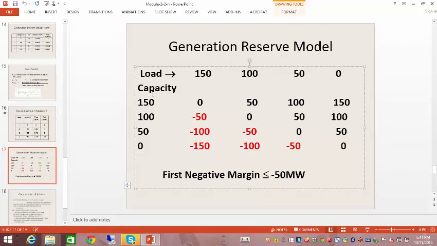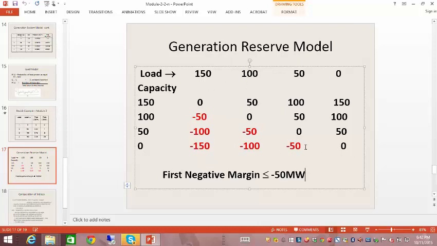For example, in this case, if the capacities are 150, 100, 50, and 0, and the loads are this one, then the margins over here will be capacity minus load, capacity minus load, and so on.